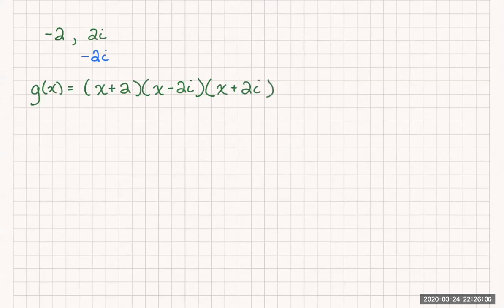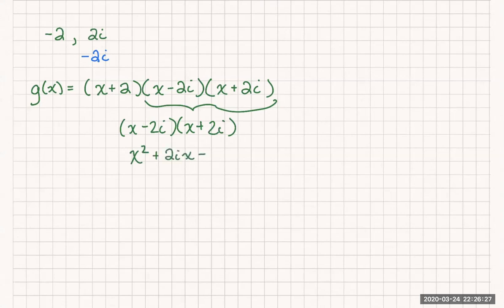Now I FOIL these two, and I get x squared. First, our x squared. Outside is plus 2ix. Inside is minus 2ix. And last is negative 4i squared.